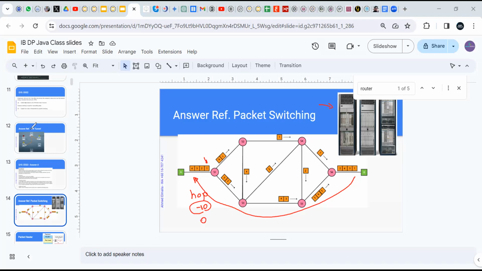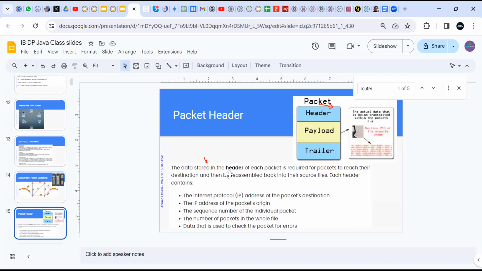Yes. Okay. And do you know how a packet looks like? Every packet, we said that we have to divide our data into a few packets, okay? Every packet has a header, payload, and trailer. The header has the IP of the sender, IP of the receiver, and the size of the packet.